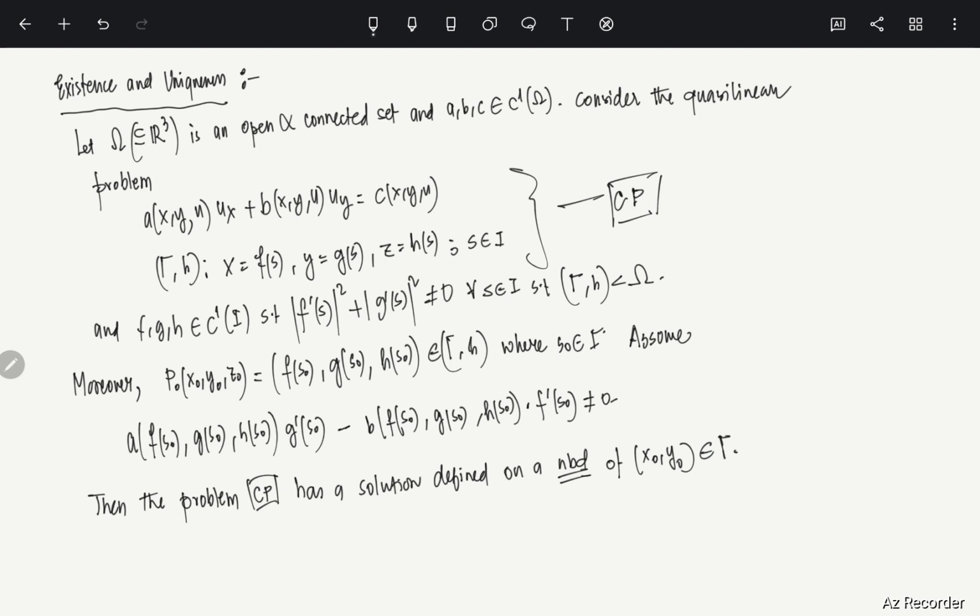So basically what it is saying is this, that if the transversability condition holds, that's the idea.